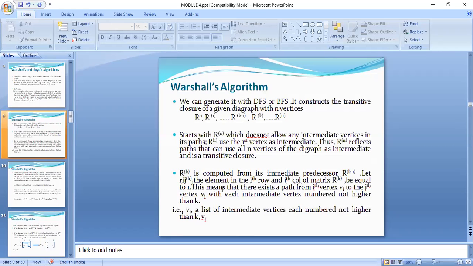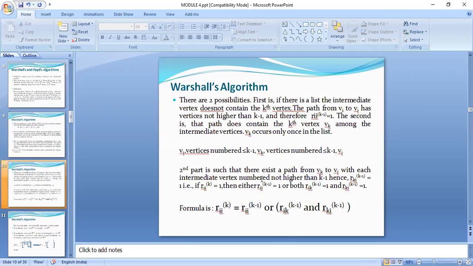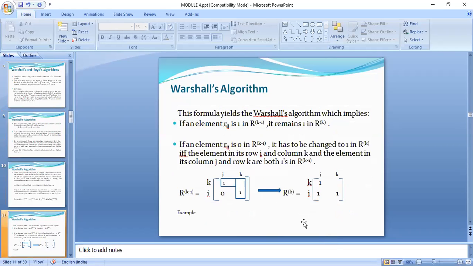It's similar to a recurrence relation, based on a Boolean operation, and from the Boolean operation we get to know whether there is a direct path. If there is, you take it as it is. If there doesn't exist a direct path, only then do we calculate the value by using OR and AND operations. So this is for Warshall's algorithm. If in the previous matrix the value is 1, then you write it as 1.